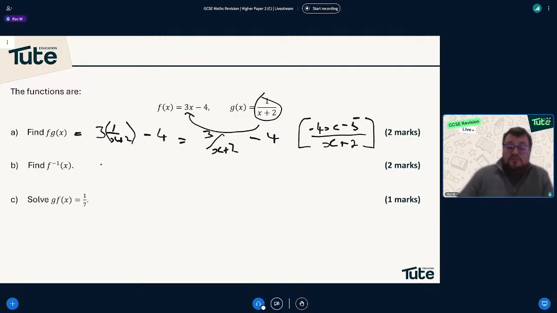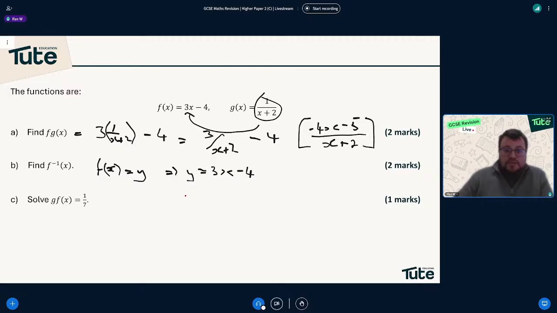Now the inverse function. Now, there are ways of doing it. What I do is I pretend, and it has to be pretend, that f of x is equal to y. So y is equal to 3x take away 4. Now, if I want the inverse of it, what I'm going to do is rearrange until x is the subject of this formula.